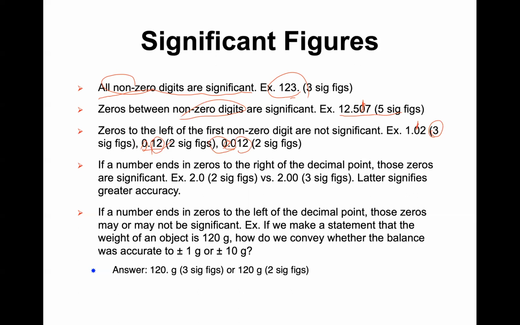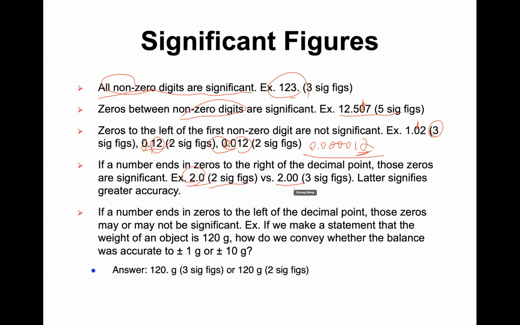So that applies here too, and you can write 0, 0, 0. For this number, you still have only 2 significant numbers. If a number ends in 0 to the right of the decimal point, those zeros are significant. That means 2.0 or 2.00: this one gives you only 2 significant figures, but this one gives 3.